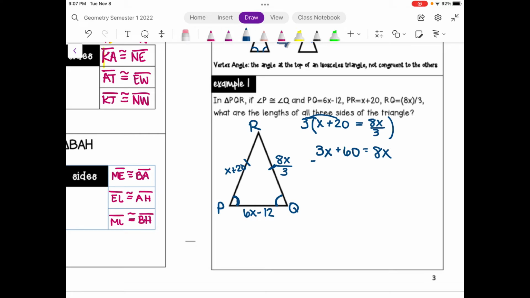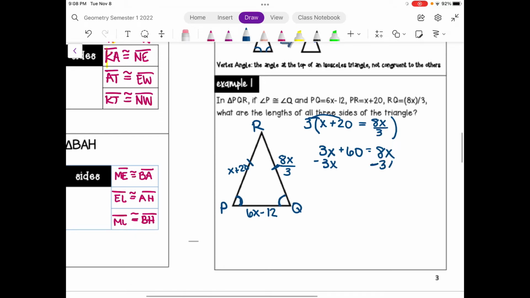My pen must be extremely dead. I'm struggling here. Sorry. See if you can finish that out. What does x equal? Grab your calculator there. So 60 equals 5x. Divide by 5. X equals 12.